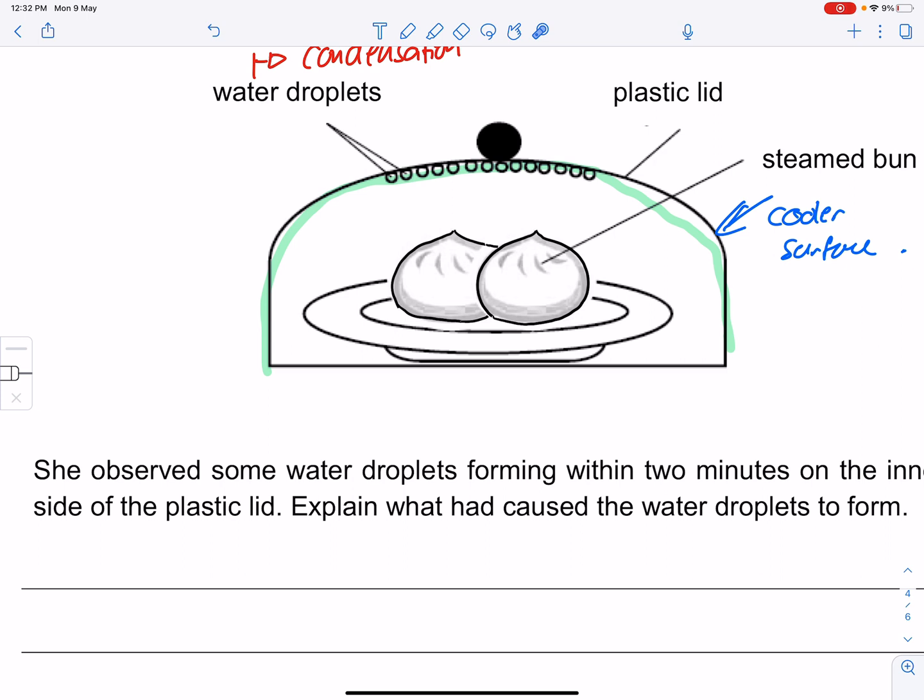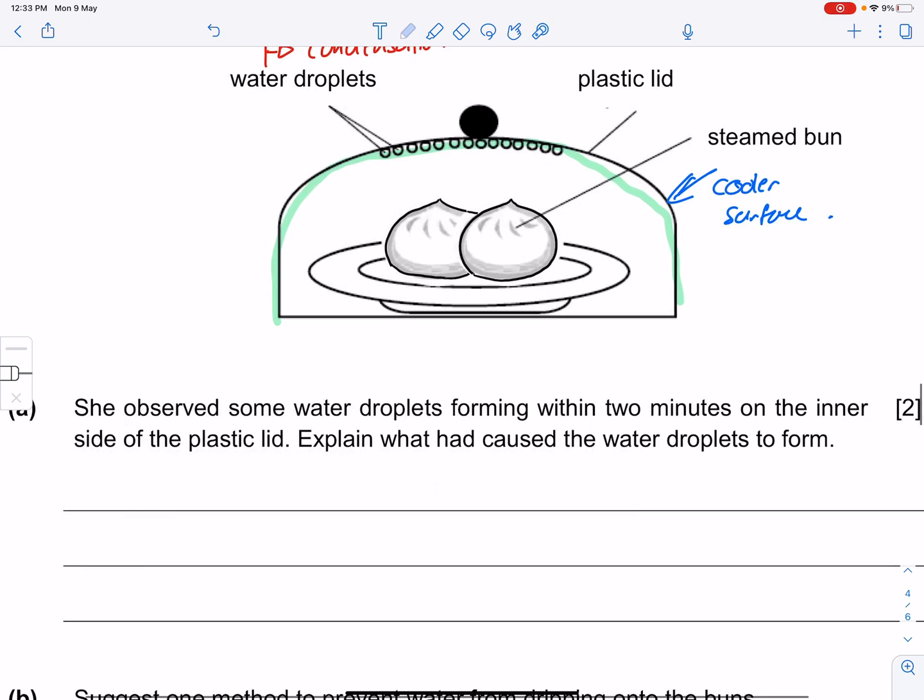So remember, evaporation happens at any temperature. So because of that, you can just straight away say water in the bun evaporated. Of course, if there is a heat source, you must mention the heat source. Must. Okay?